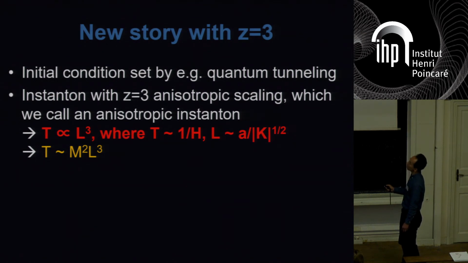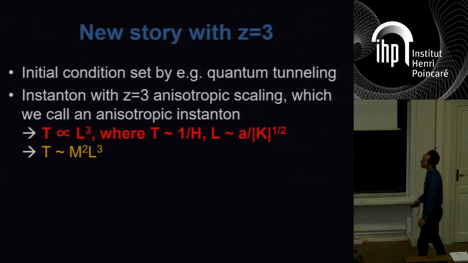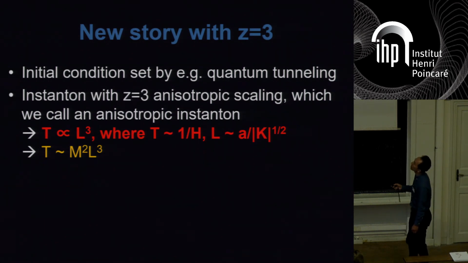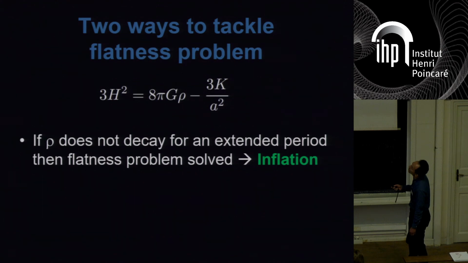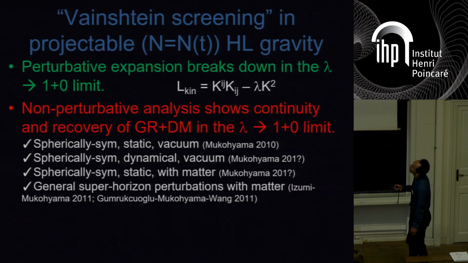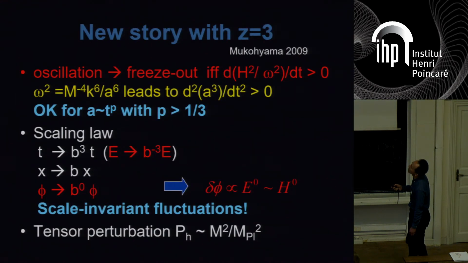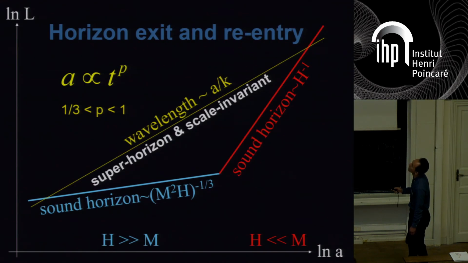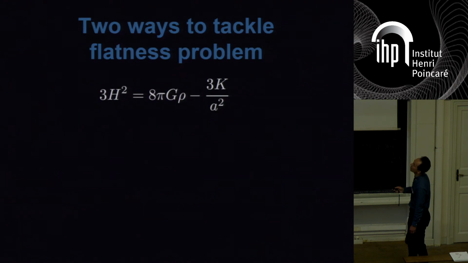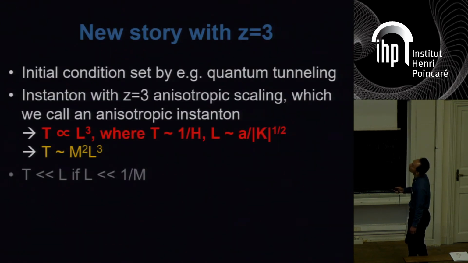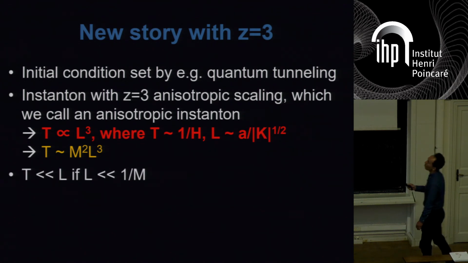And after nucleation, of course, the time scale is given by 1 over H, and L is the curvature scale. And by putting in some energy scale, M, which is basically the same as this one, the scale that defines the dispersion relation, then we have this relation.